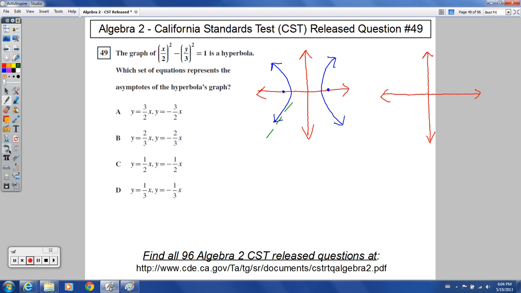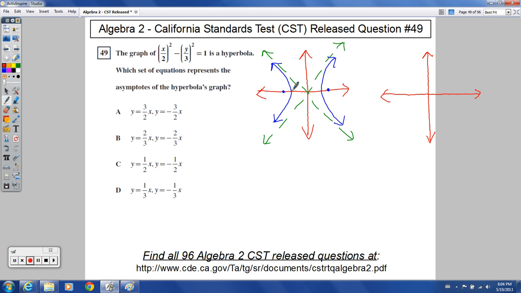Not my best work, it is just a sketch, but it should go through the origin, at least the way I'm doing this one. The graph of the hyperbola is never going to touch that. As you extend this farther and farther out, it never actually crosses that line or this one. Likewise, the same thing over there.